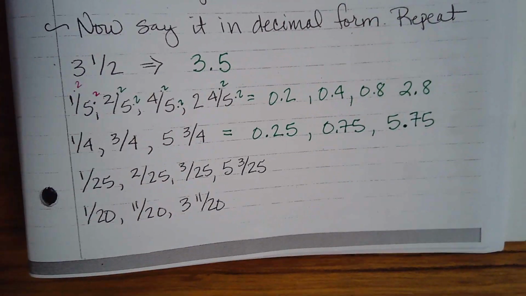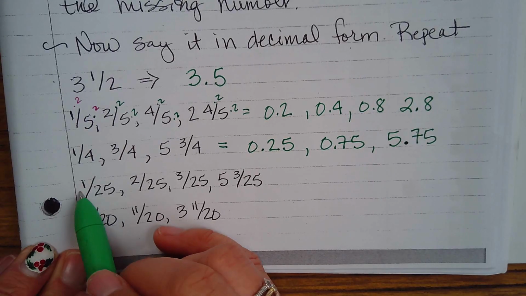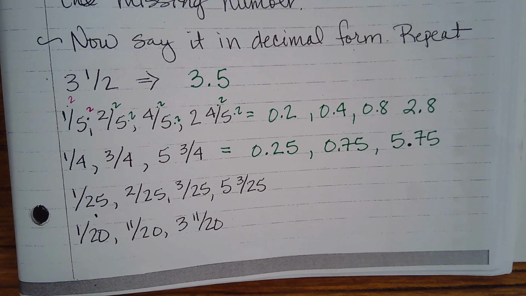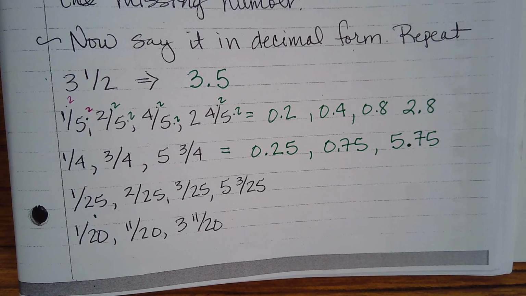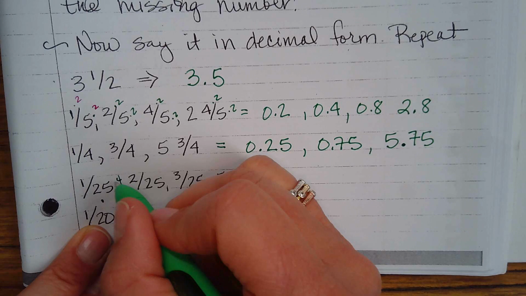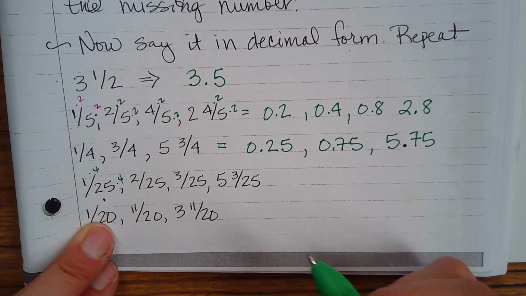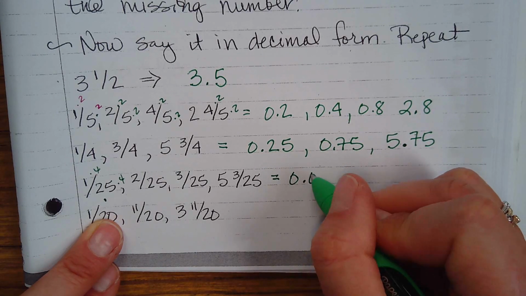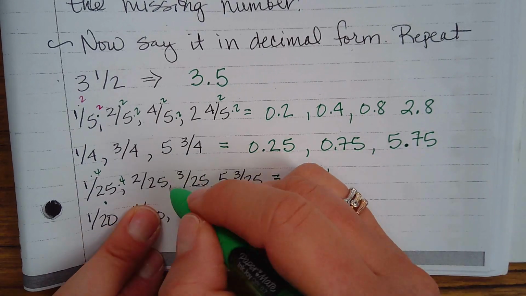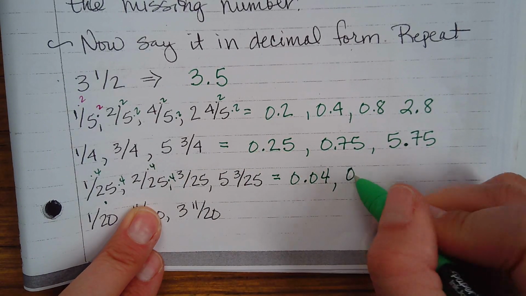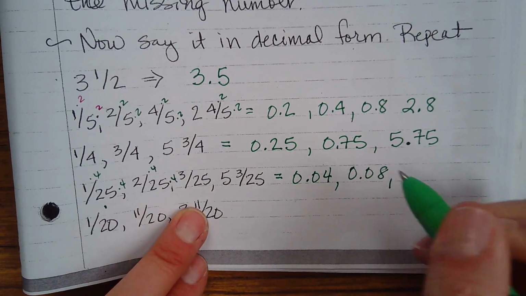All right, let's keep going. So 1/25, what do you think we should write for 1/25? Well, you can multiply this by 4 and multiply that by 4, and it's going to give you 100. So now you're going to have 4 hundredths. Do the same thing, multiply by 4, multiply by 4. Now you have 8 hundredths.